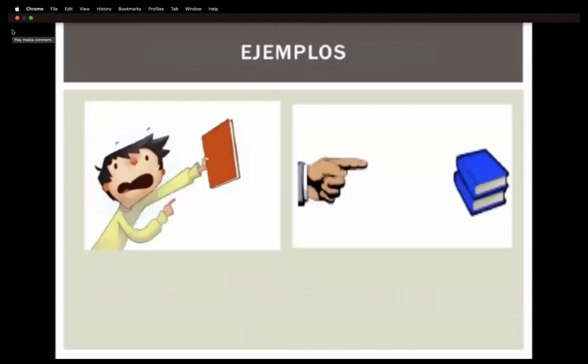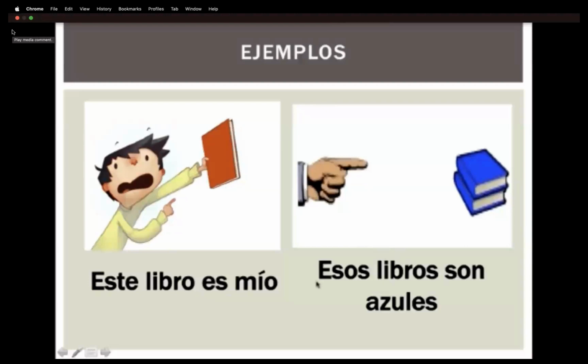For example, este libro es mío. In this case, este reflects closeness of the speaker in regard to the book, as opposed to the idea, esos libros son azules, thus showing greater distance between the speaker and the objects.